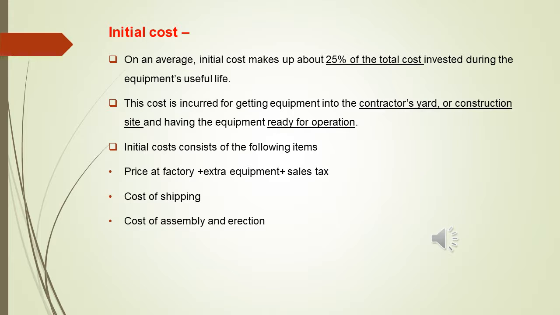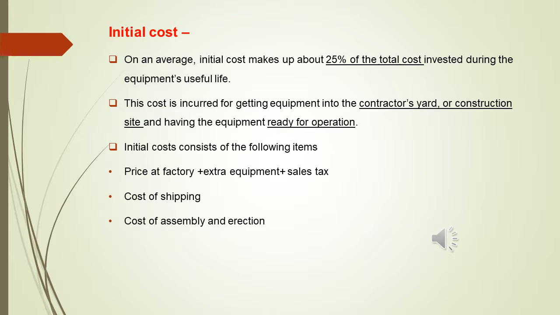Here the first cost is initial cost. Let's read this out. On an average, initial cost makes up about 25% of the total cost invested during the equipment's useful life. So around 25% of the total cost is invested.